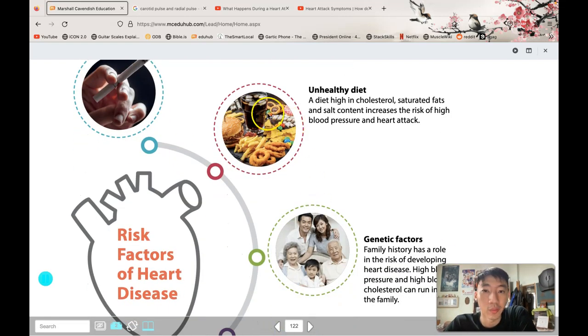Unhealthy diet, right? Food that is high in cholesterol or saturated fats and salt will increase the risk of high blood pressure and heart attack. Okay, I think I've talked about cholesterol and fat a bit already, so let's talk about salt. As you know, salt has this osmosis property, or this tendency to attract water towards itself, because it lowers the water potential.